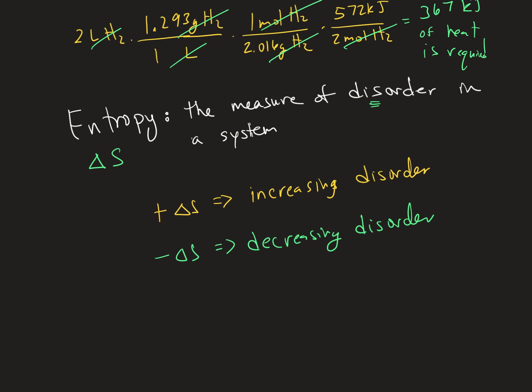But just leave it as increasing disorder is positive delta S, decreasing disorder is negative delta S. But you have to understand what that word means, decreasing disorder. It means more order, right? Do you get that? Okay.